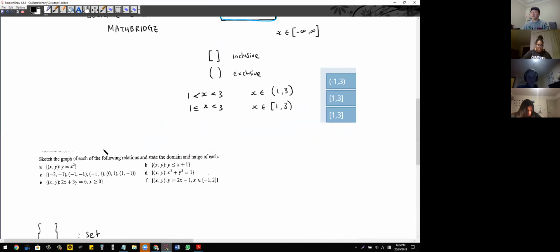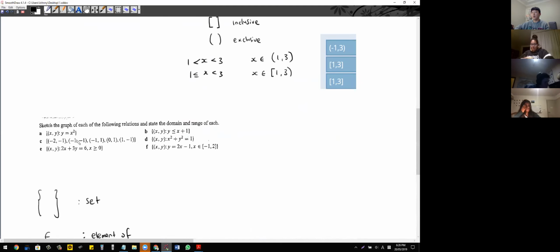So we're going to look at this one here. So A literally means this set. So why is it a set? Because you got this curly bracket there. So I'm just gonna rewrite it here.